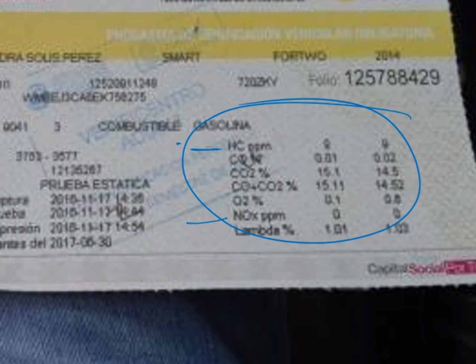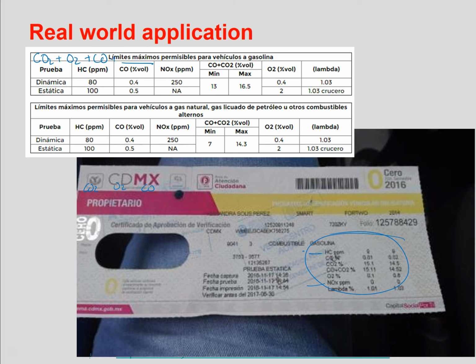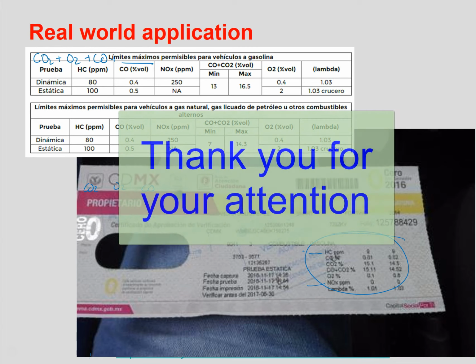So this is something that we still use today, and this is a gas mixture that gives us great headaches. Okay, guys, this is all for this video. Thank you. In the next video, we're going to show how to analyze properties for gas mixtures. Thank you.